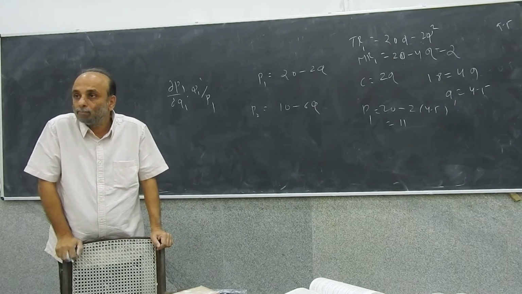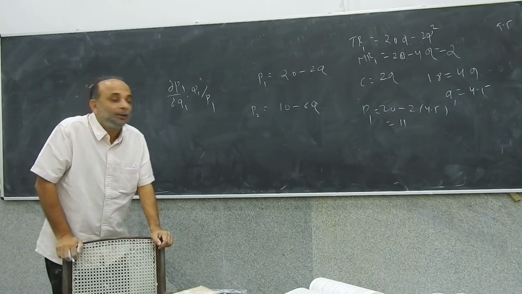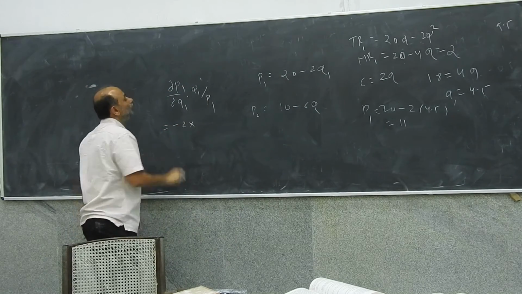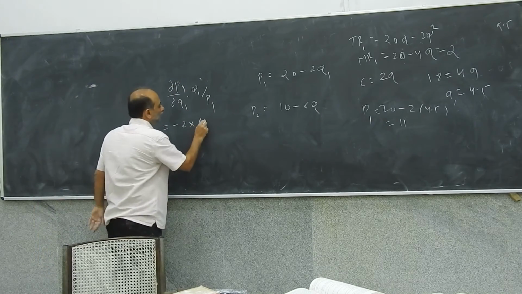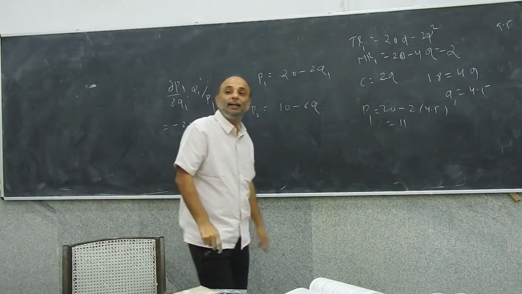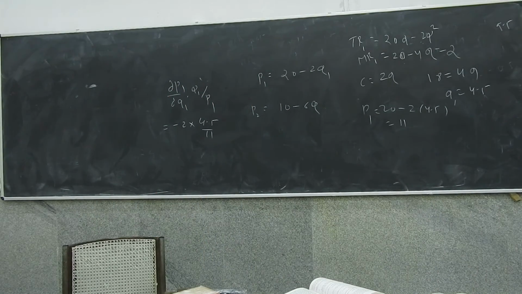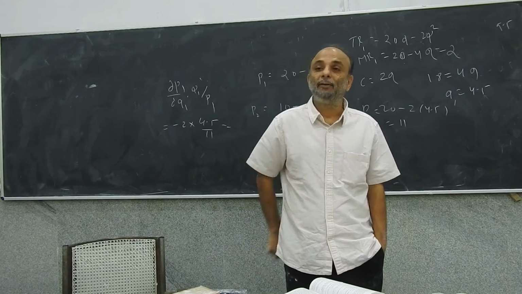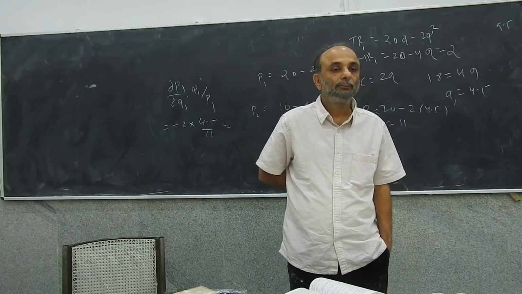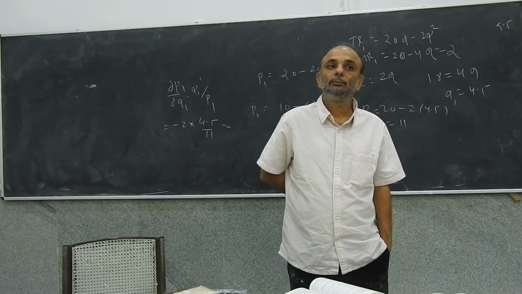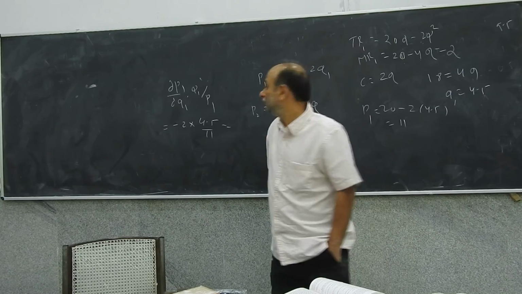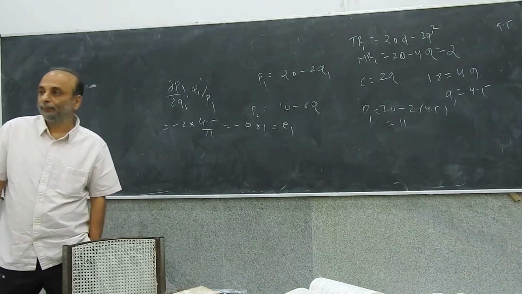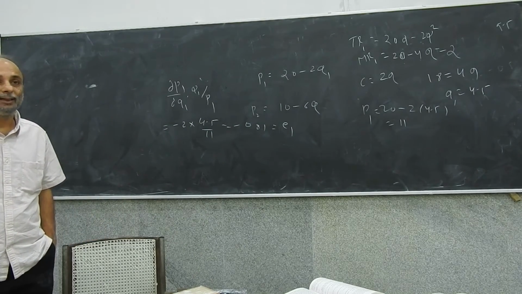Calling this Q1, it is minus 2 into 4.5 upon 11. So 0.81 is E1, in equilibrium.